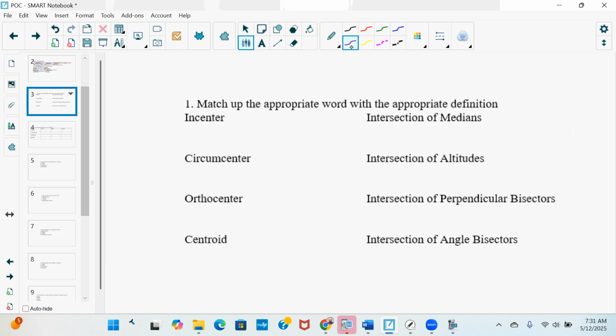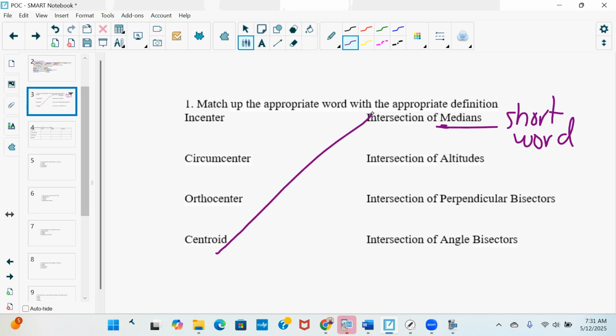So medians, not right angle ones. So short word, I'm looking for a short word. I'm looking for a consonant, centroid. Altitudes, right angles. So it's got to be a long word. It's got to start with a vowel, orthocenter.